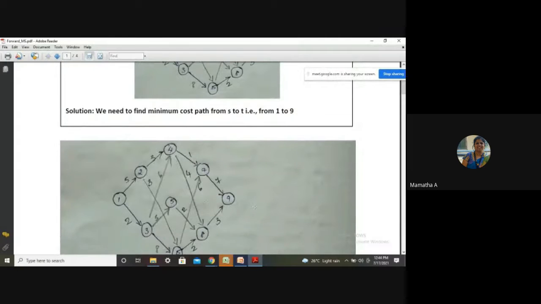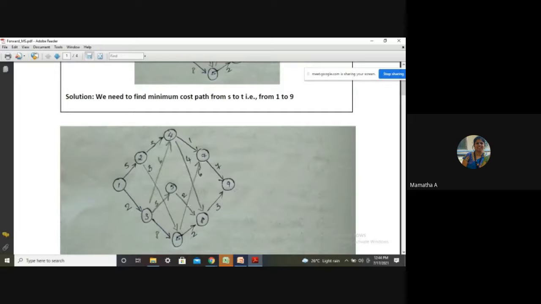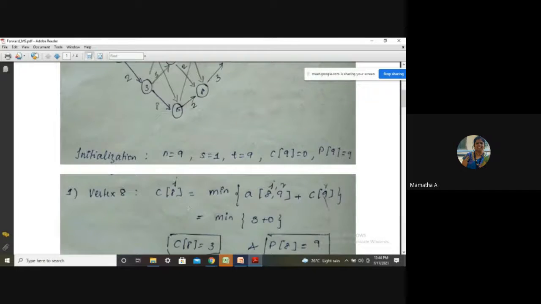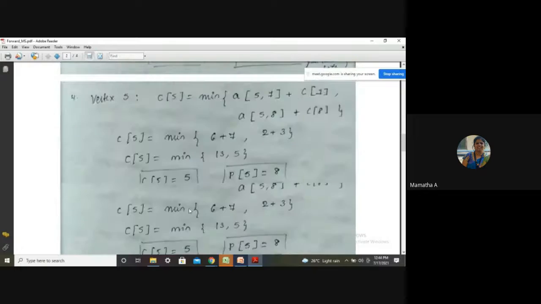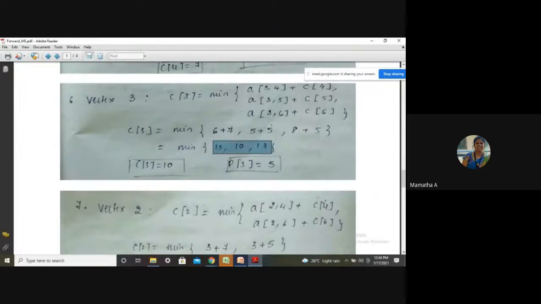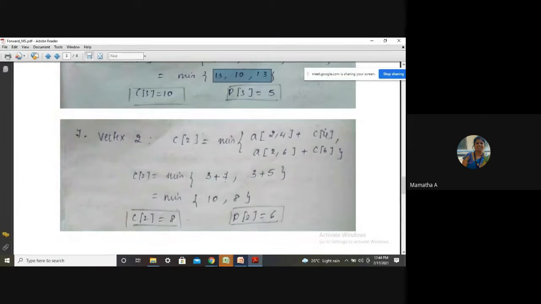And you can see with respect to vertex 2, how many edges do we have? How many edges, students? With respect to vertex 2, that is with respect to 4 and 6. So 4 and 6.